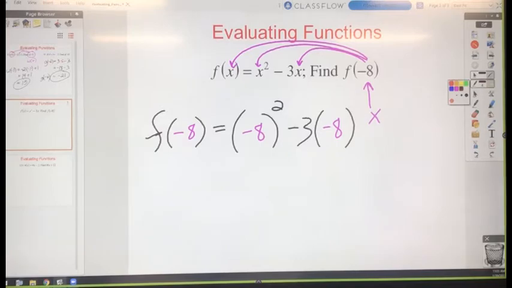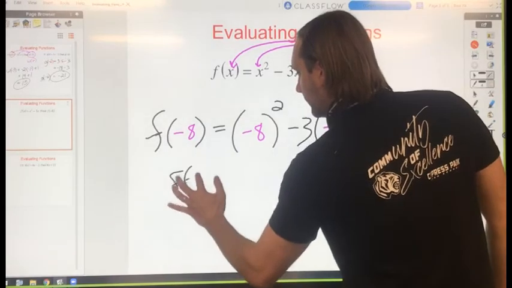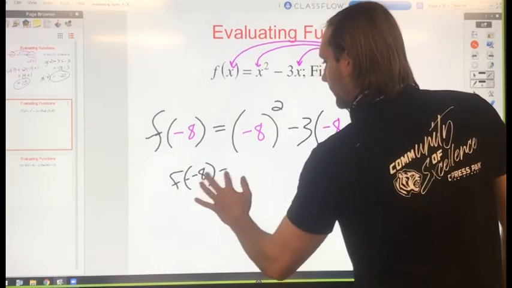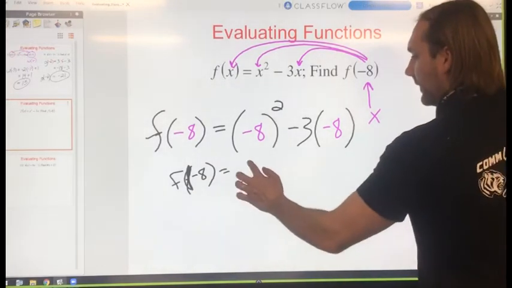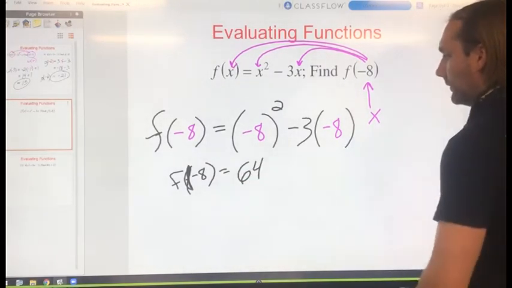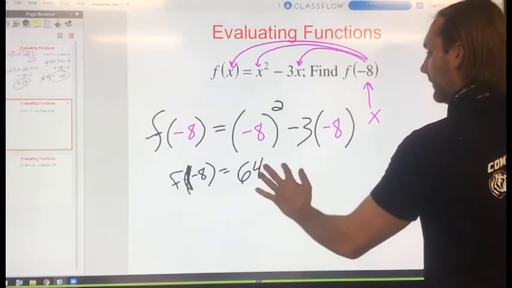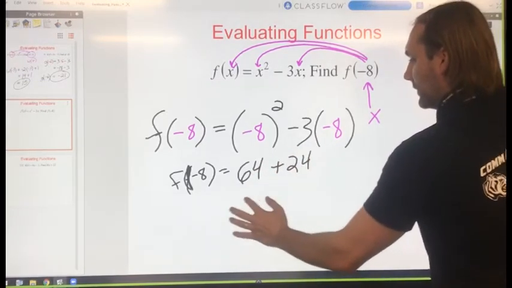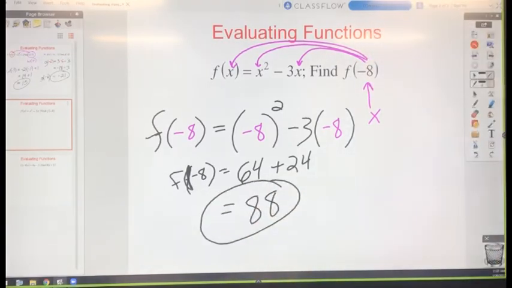And now evaluate. So f of -8 equals -8 squared, so that's 64, plus -3 times -8, which is plus 24, which equals what? 88. Would it be -64? Because you're squaring it, it's a negative times a negative.